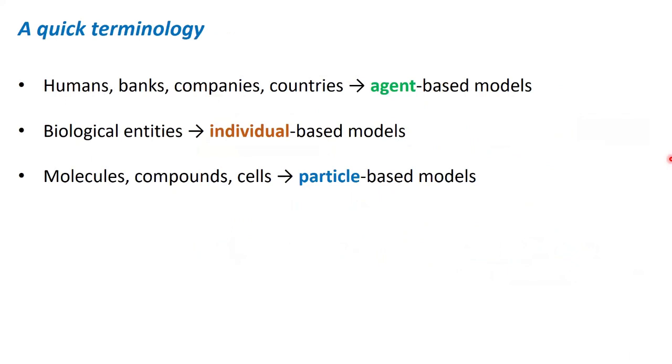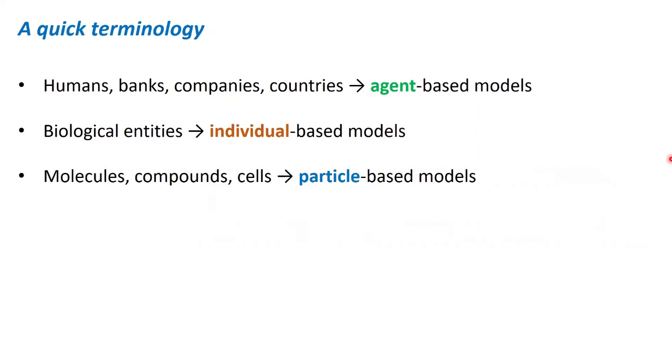Just a quick terminology: we talk about agent and individual-based models. According to my understanding, in biology or ecology we talk about individuals, while agent is a more general term. So agents can be banks and companies, but can also be individuals.